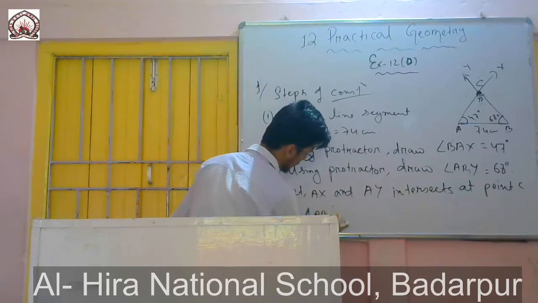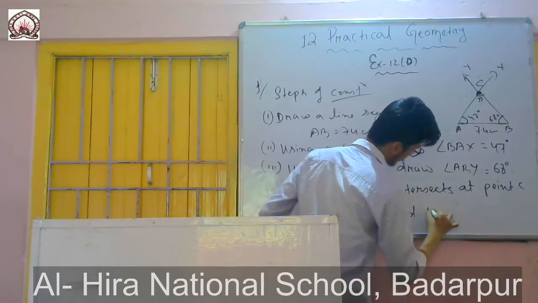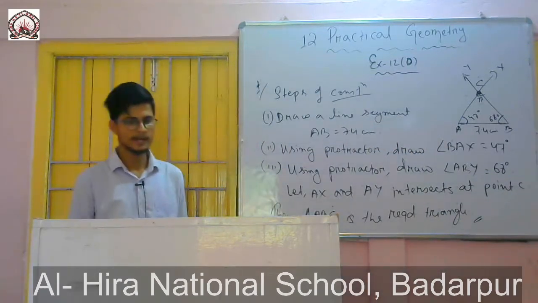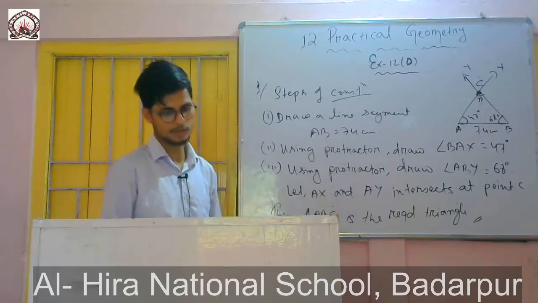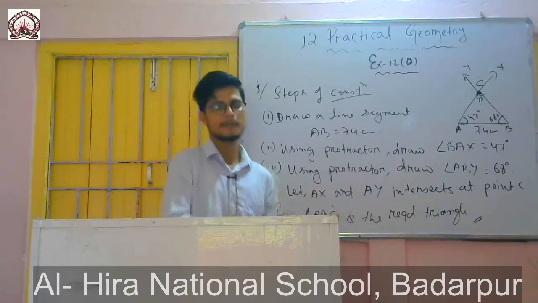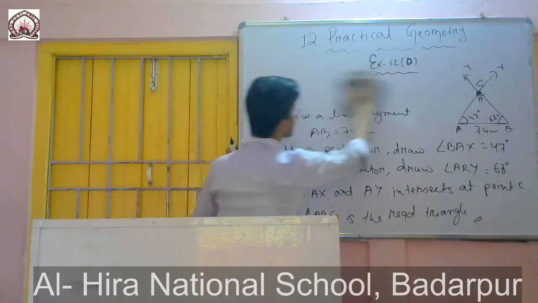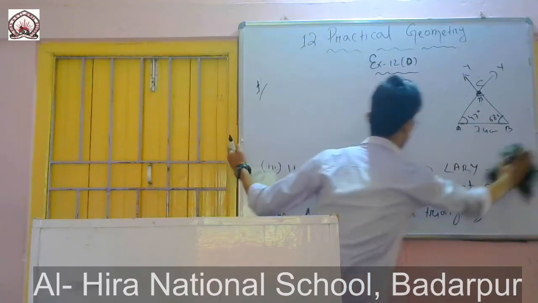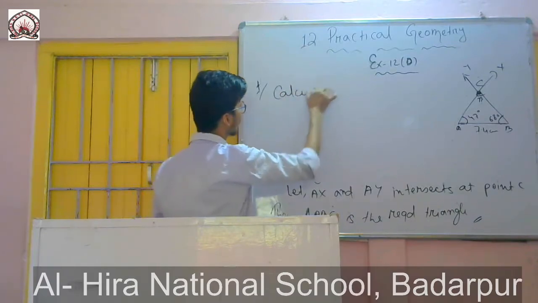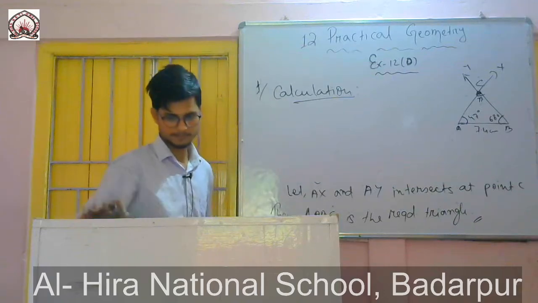Then triangle ABC is the required triangle. After writing the construction, the question says you have to calculate the third angle and verify. So now we'll do the calculation.